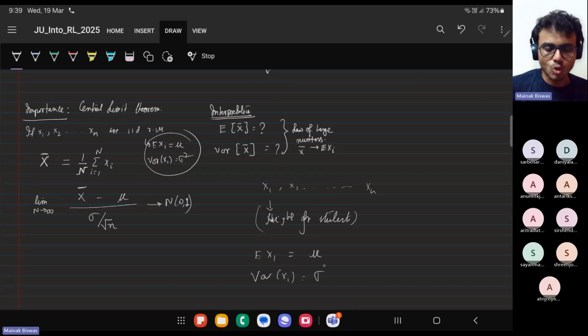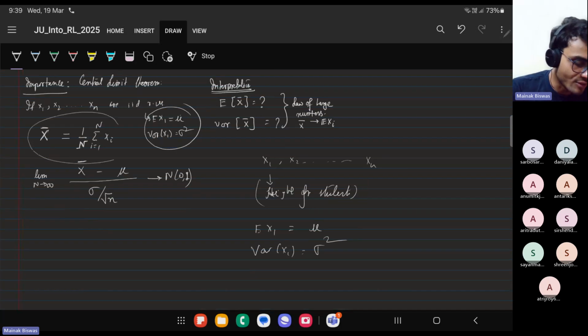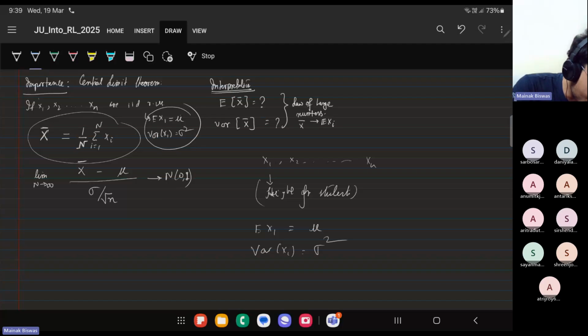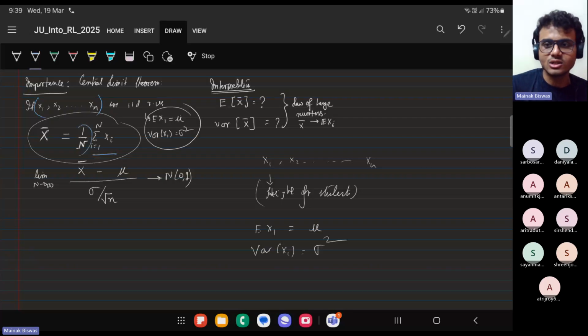So we define a mean random variable, which is the mean of all these random variables, the sample that you got. These are IID random variables, and you define the average: the sum of the xi's times 1 by n. This is the average, do you agree?